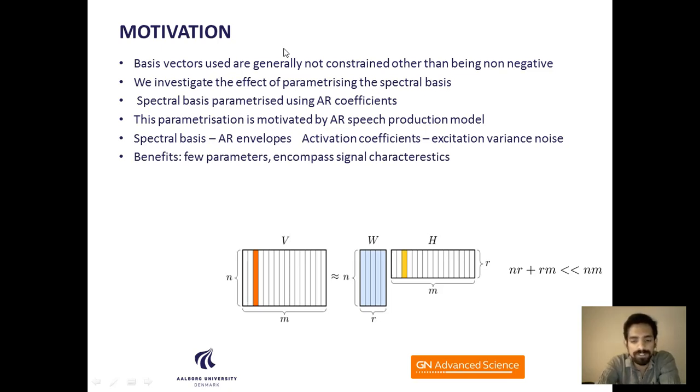One such model is the source filter model, where the speech component is modeled as a combination of an excitation signal produced by the vocal cords, which acts as the source, and which is later filtered by the vocal tract, which can be modeled by an all-pole filter that acts as the filter.